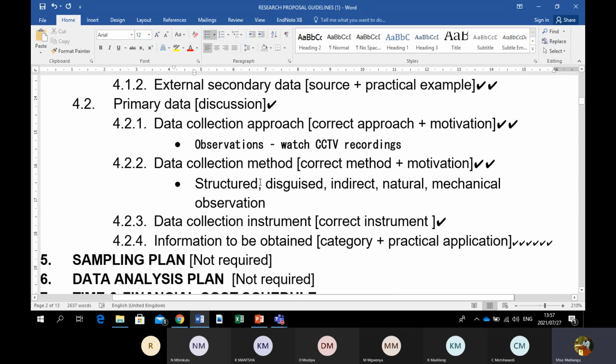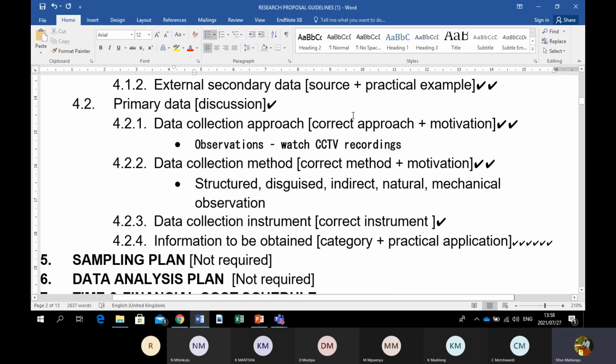If it's structured, you motivate it in the case study. Based on the case study, for example, if you say this is structured, you indicate the hypothesis that you're going to observe. So you must always motivate your answers. If you say it's disguised observation, you must motivate that the respondents are not aware that they are being observed. If that information is indicated in the case study, you also articulate it here.